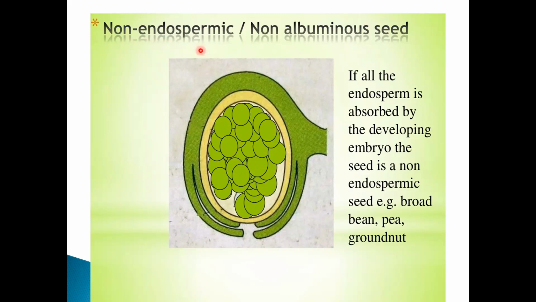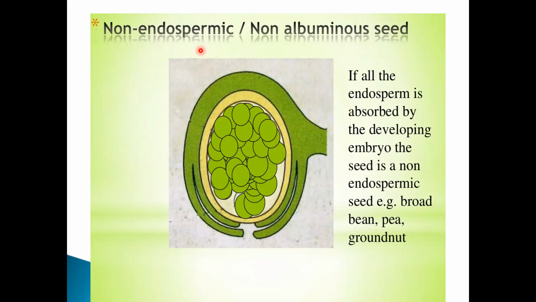If all the endosperm is absorbed by the developing embryo, the seed is called a non-endospermic seed. The definition can be asked of you: write down the definition of non-endospermic seed or non-albuminous seed with an example.